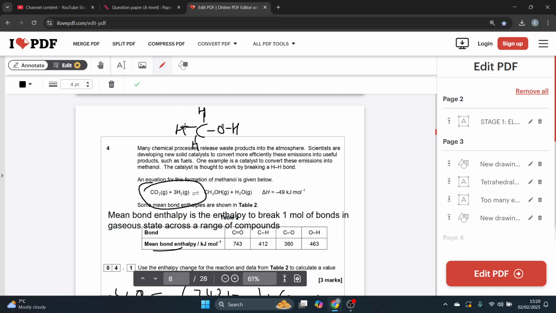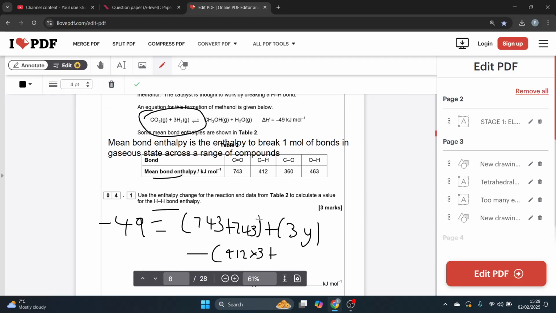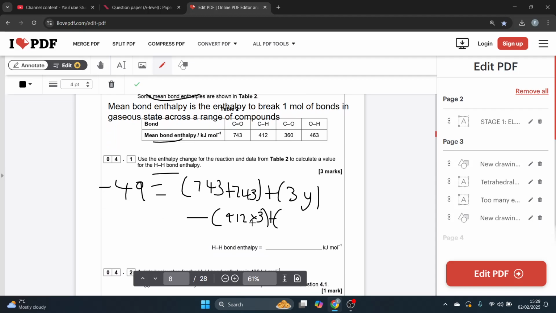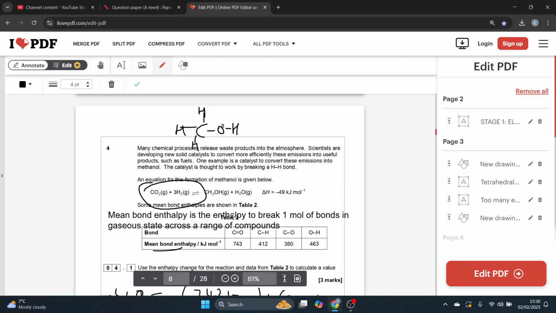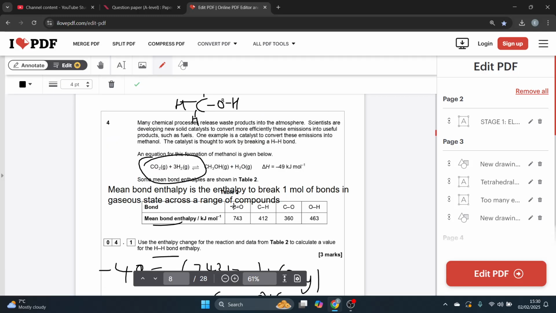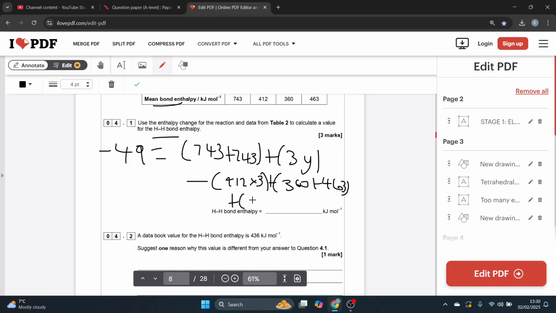So I've got C-H times 3, so 412 times 3, plus C-O 360, plus O-H 463, plus H2O. Well, H2O is water, and it's going to be just two O-H, so 463 plus 463.